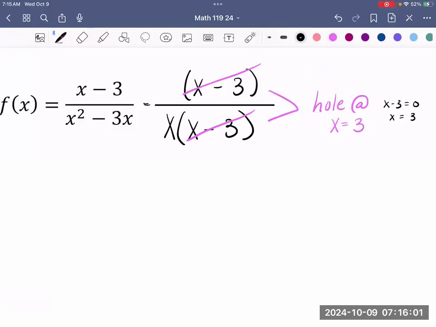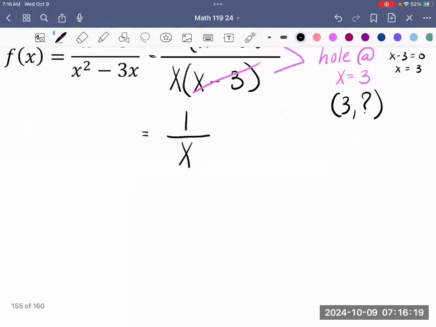Now to find the y value of your hole, right now we have your x, we want to find your y. Well, the simplified graph is now 1 over x. We now need to plug in your x value to find your y value.